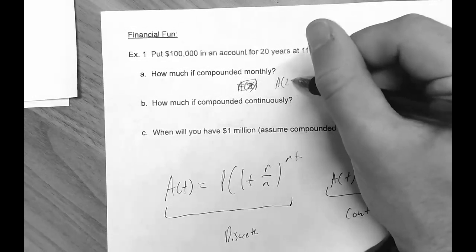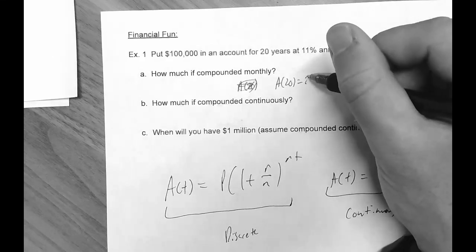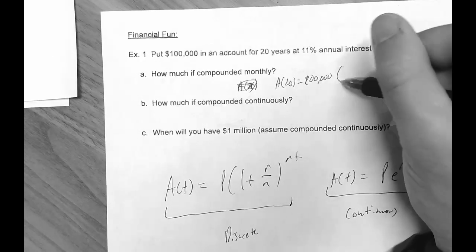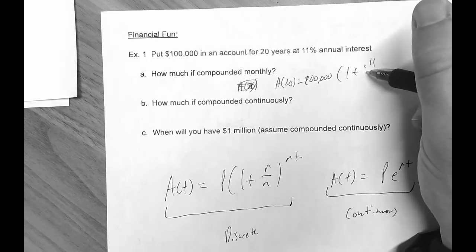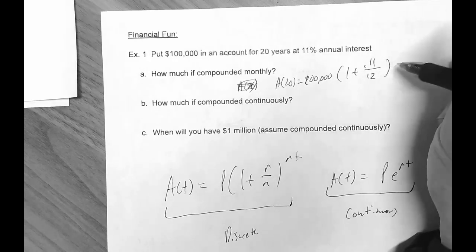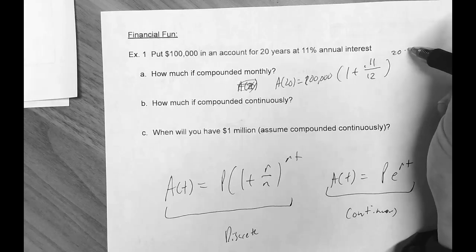A of 20 equals 100K, 100,000, times 1 plus 0.11 over 12, because it's monthly, to the 20 times 12.